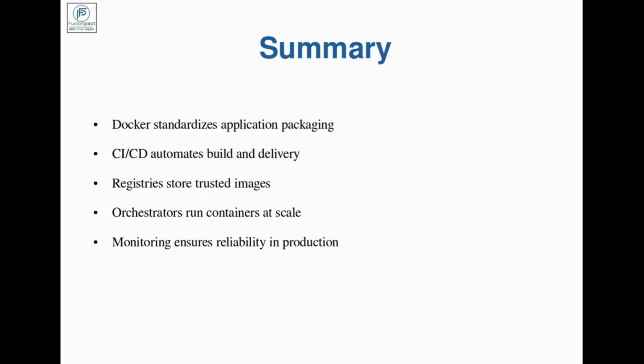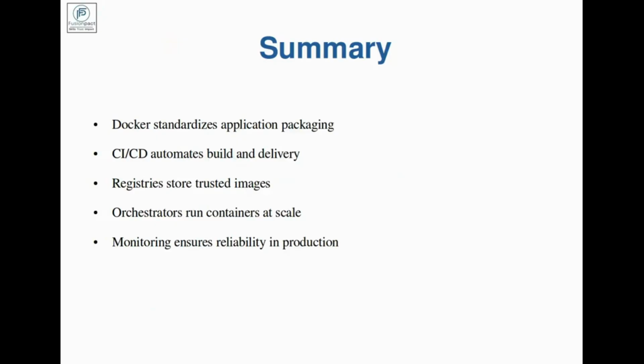In the last slide, this is the summary. Docker standardizes application packaging by binding all the dependencies, libraries, and runtimes required by that specific application code, and making a container. CI/CD is the process of automatically building, testing, and delivering those applications.